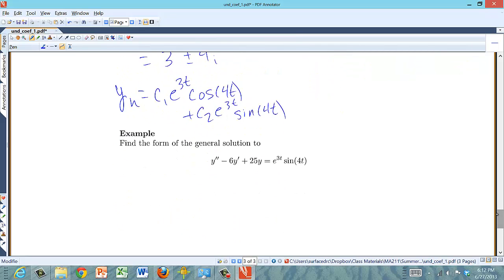Okay, on the other hand, let's try this. Once again, we'll have the same associated homogeneous solution because it's the same left-hand side.